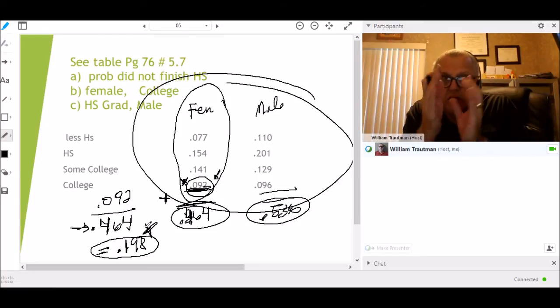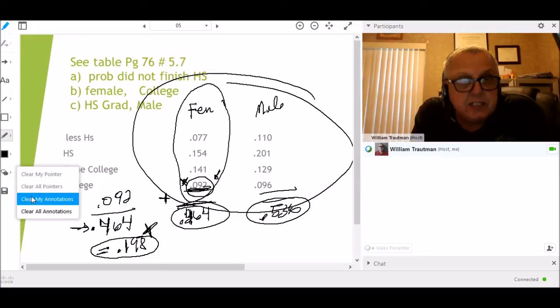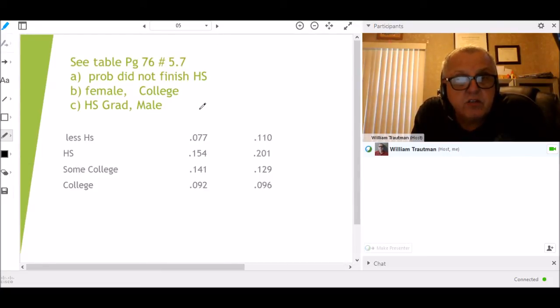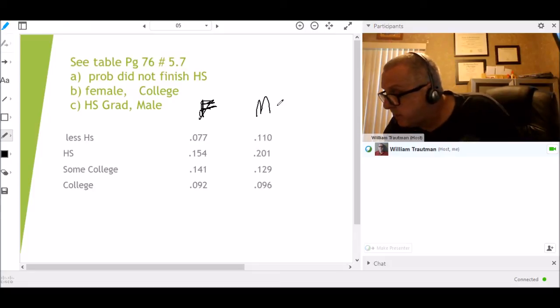I hope that makes sense, because we're talking about just the females. It's really important that when you're looking at these tables, you understand what the question's asking. So we've got one more question. Let's see what that says. Don't forget, these are the females. These are the males. The next question's asking, if an unemployed high school graduate is selected at random.